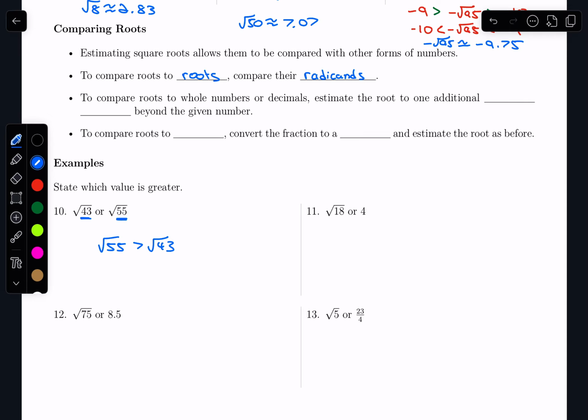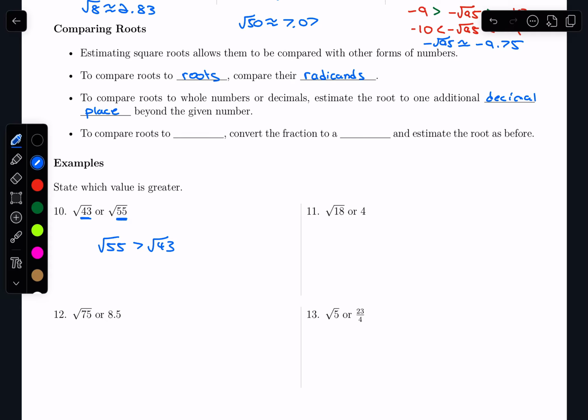The next bullet point says to compare roots to whole numbers or decimals, estimate the root to one additional decimal place beyond the given number. And the reason we have to go one extra decimal place beyond is that way when we round, we don't accidentally round in a way that changes the result.